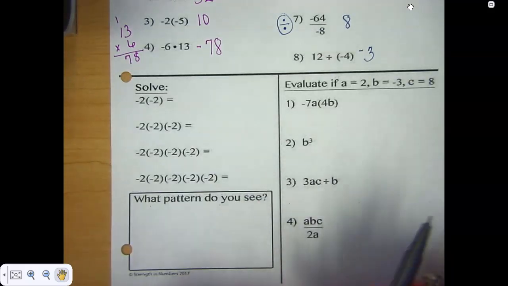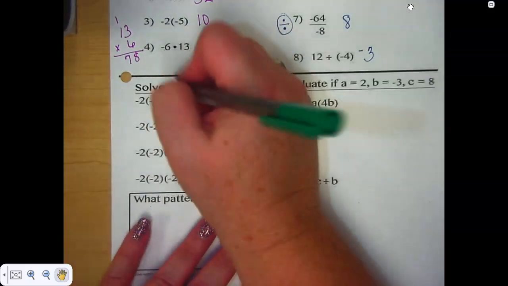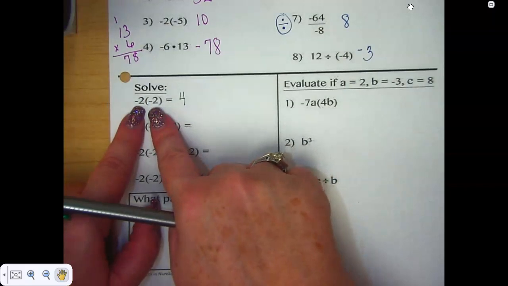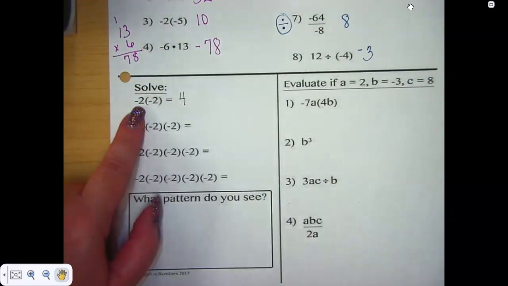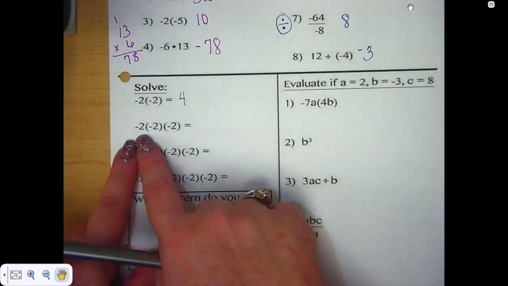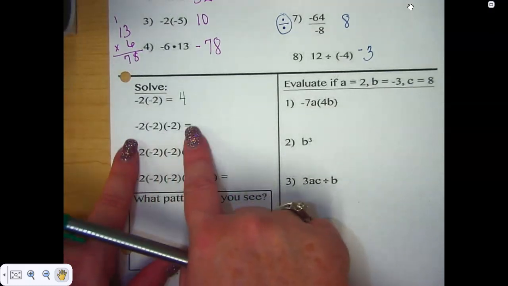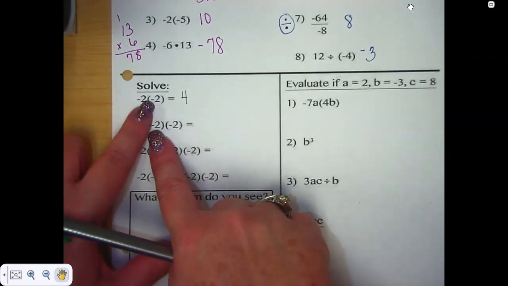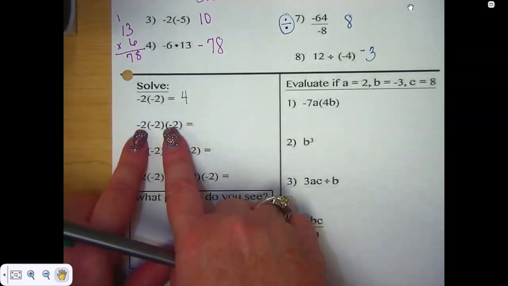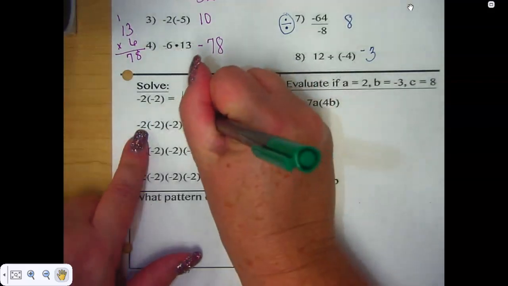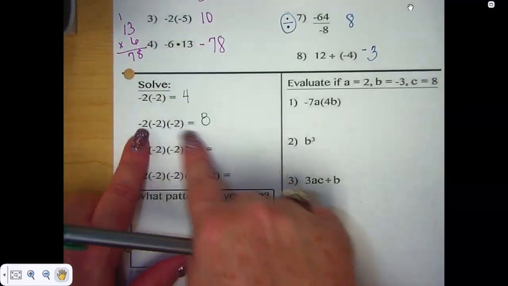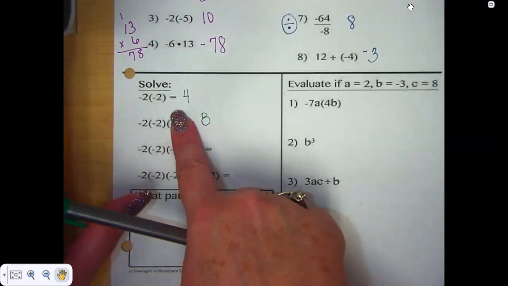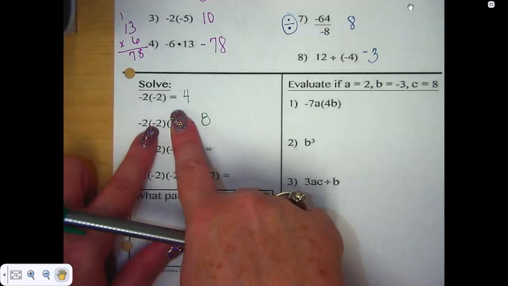Negative 2 times negative 2. Well, 2 times 2 is 4. Negative times a negative is a positive. Okay, so we're good. Well, now we're going to think about if there are 3 factors. So 2 times 2 is 4, just like up here, and then 4 times 2 is 8. Now we have 3 negatives. Well, a negative times a negative is a positive, so I got a positive 4.